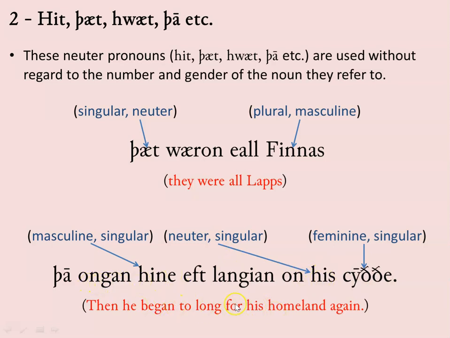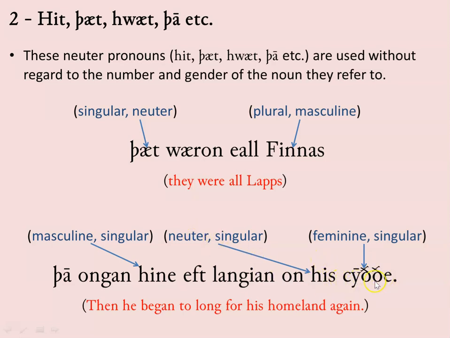It's a he, a his, not a she or her. So we can use the neuter in this case because this pronoun directly relates to a feminine noun, and we can't have exact grammatical agreement, and so we use the neuter.